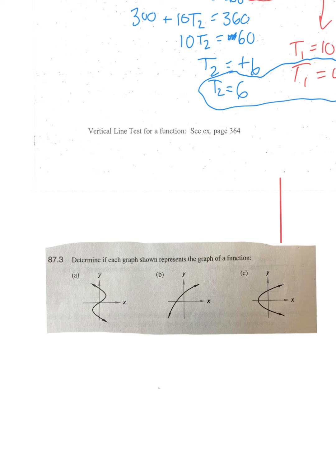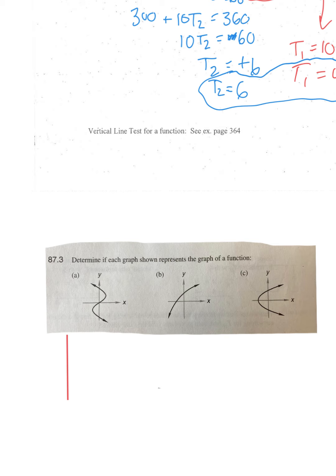And the way that the vertical line test works, there's a description of the vertical line test in your book. Essentially what you're going to do is take a vertical line and use it to determine if the graph is a function or not.